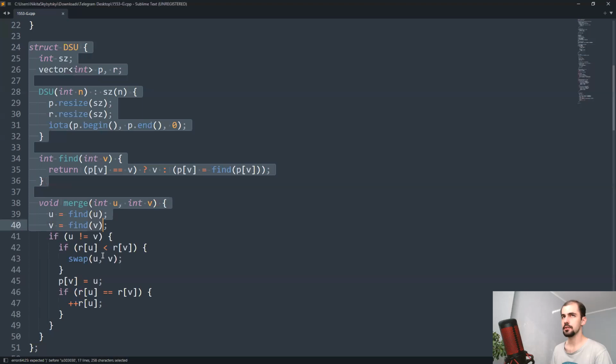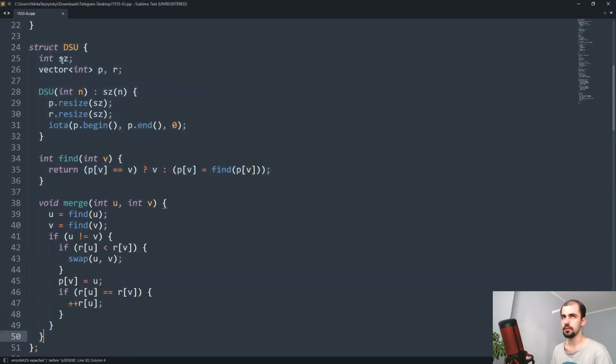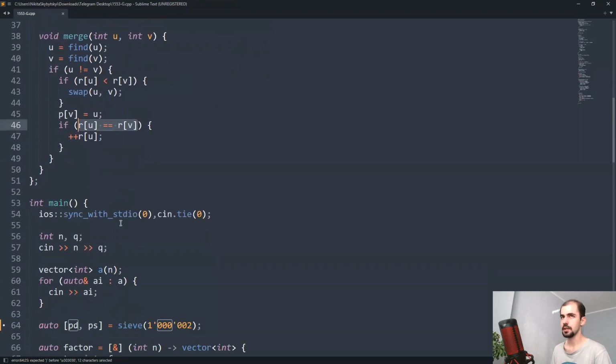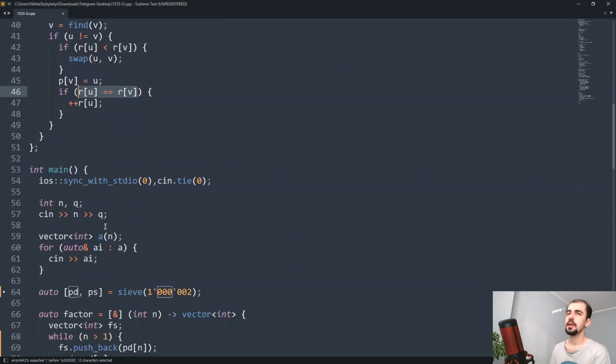Then you have your DSU, which is kind of simple. Size, parent, rank, you know the drill. Find uses path compression, merge uses the rank heuristic to determine who is going to be the root, and also fixes the ranks in case they should be fixed.